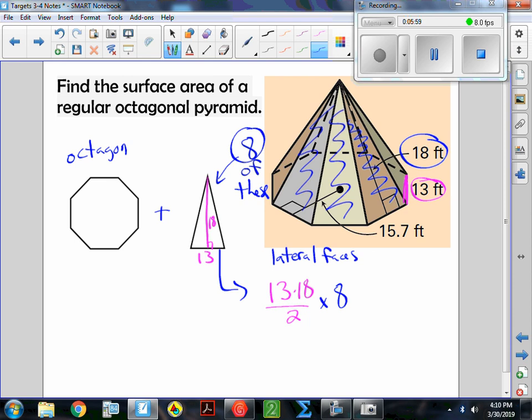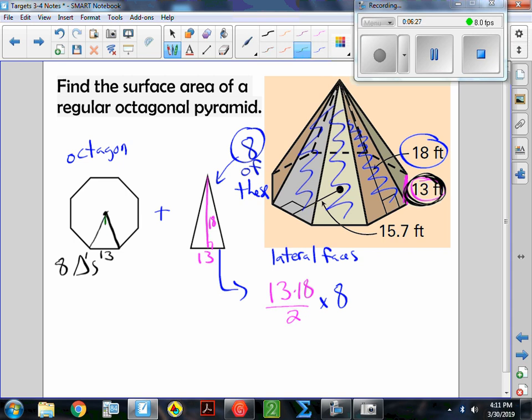Now let's look at the octagon on the bottom. Anytime we do a regular polygon, we need to split it up into triangles, find the area of that triangle, and there are also going to be 8 of these. This triangle has a base of 13 again, using that same side length.